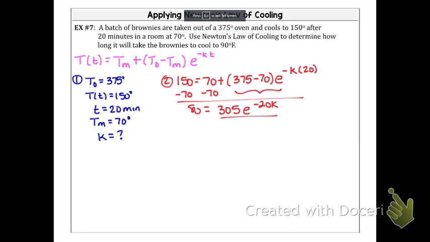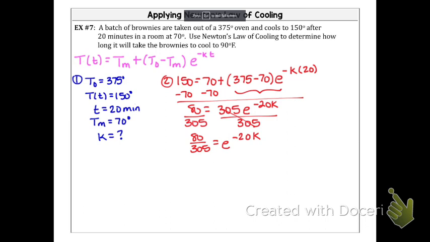Then I'm going to divide by the 305 to get the exponential part by itself. I know I can reduce the 80 over 305, but I'm just going to leave it as it is. So we have 80 over 305 equals e to the negative 20k. Now, like we did on that previous problem, if we need to get that k out of the exponent, I need a logarithm, so I can log both sides.